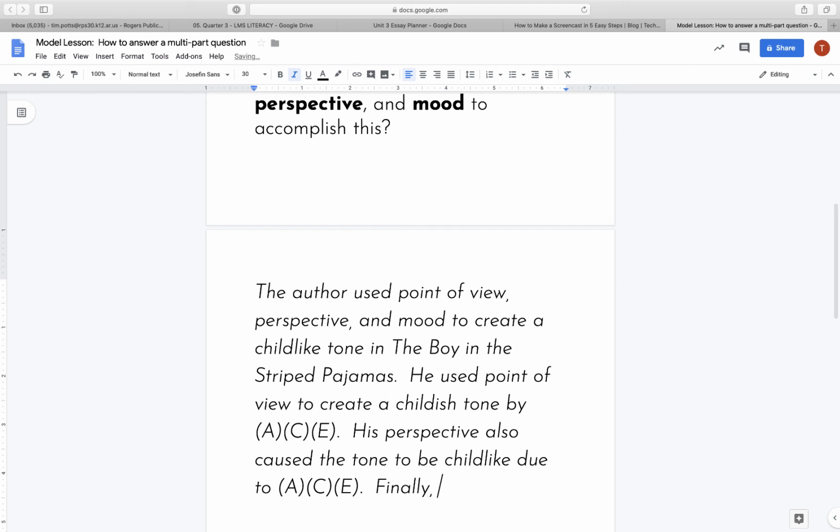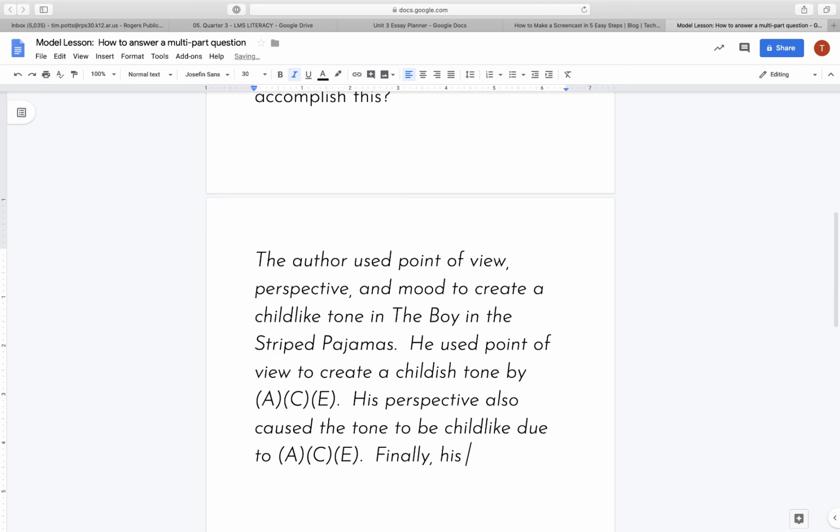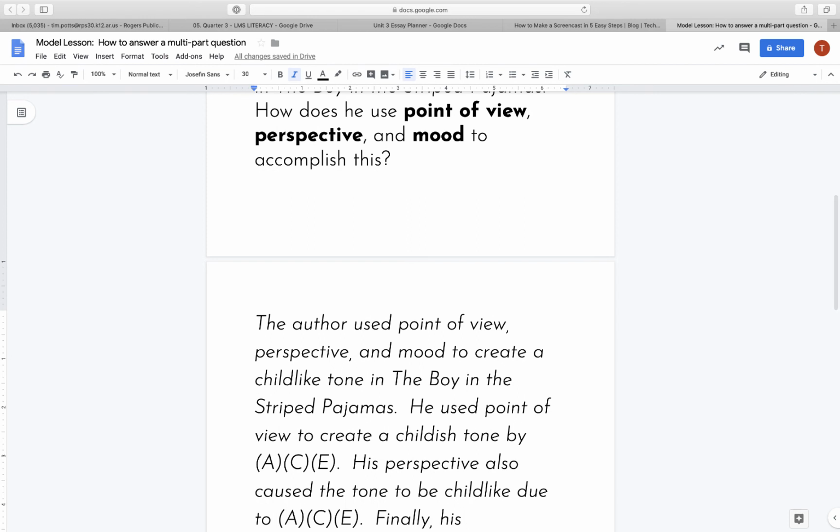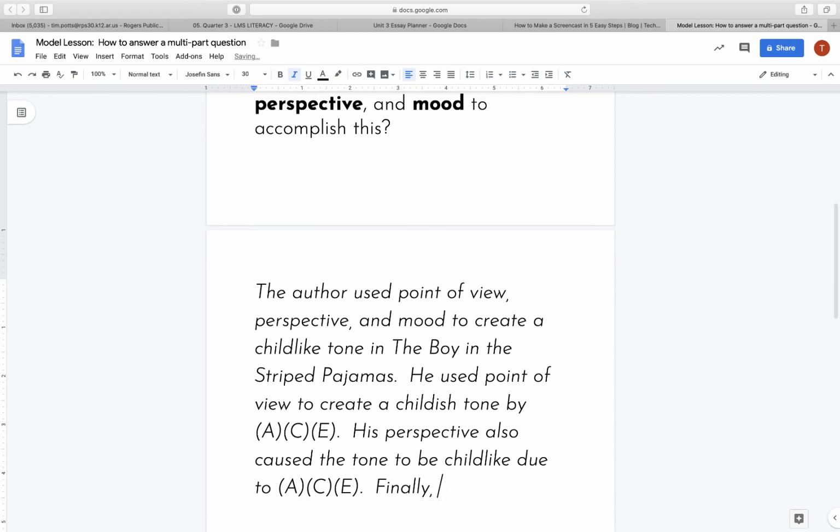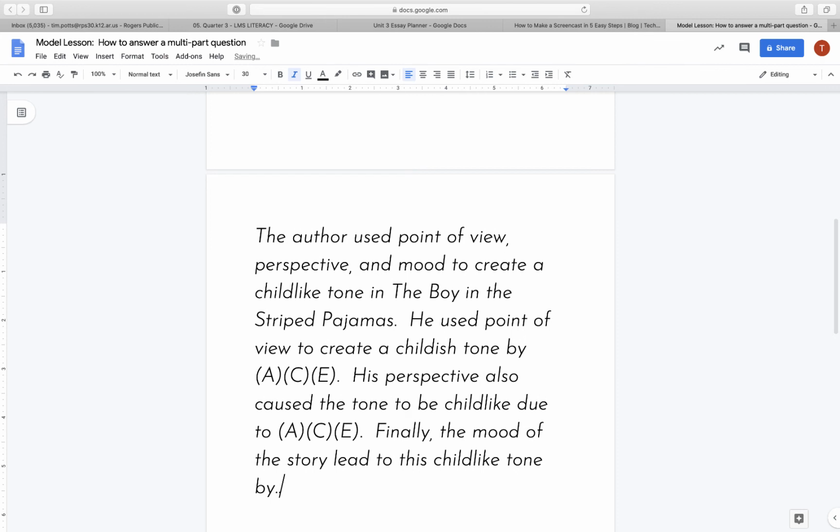Finally, the mood of the story led to this childlike tone by, and then we have our placeholders. And then you go back in there and you answer the questions.